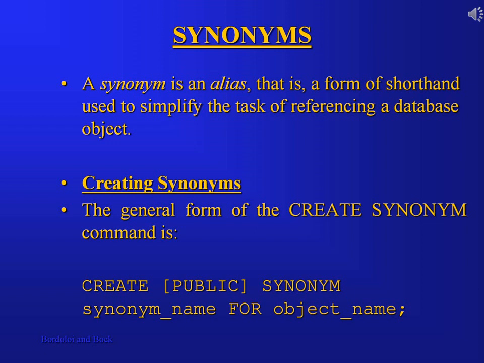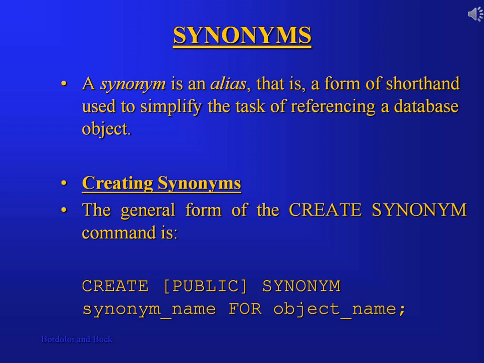Creating synonyms. To create a private synonym in your own schema, you must have the create synonym privilege. To create a private synonym in another user's schema, you must have the create any synonym privilege. To create a public synonym, you must have the create public synonym system privilege.